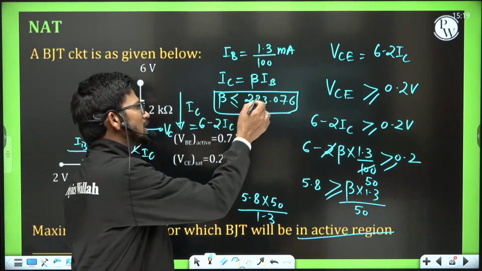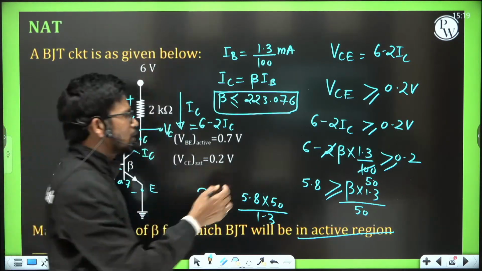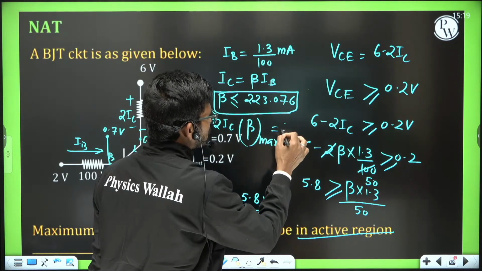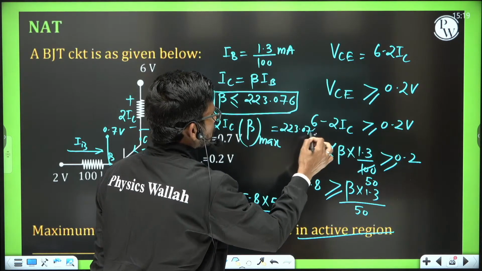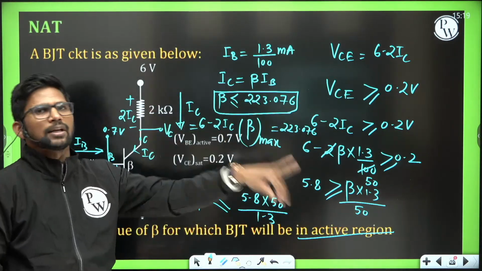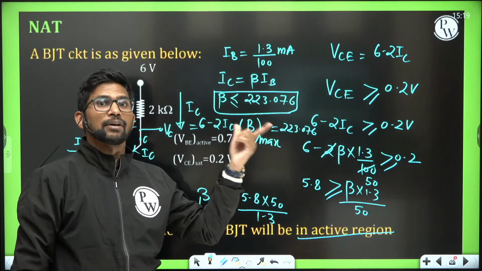So beta is either equal to this value or less than this value. So what is the maximum value of beta possible for maintaining this BJT in active region? It cannot be greater than this value; it must be equal to or less than this value, then only it will be in active region. So this is the maximum value for which the BJT will remain in active region.